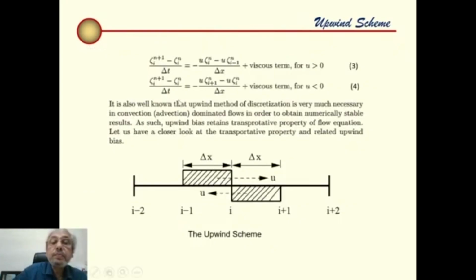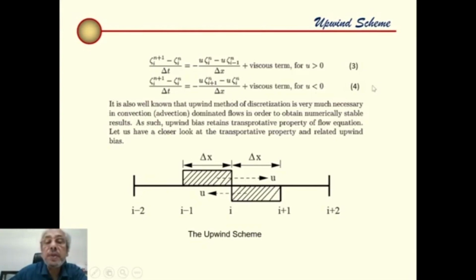Now we have exactly done that. Zeta i at n plus 1 minus zeta i at the nth level by delta t equals minus, in conservative form, u zeta i at n minus u zeta i minus 1 at n, plus the viscous term, for u greater than 0, and minus u zeta i plus 1 minus u zeta i for u less than 0.